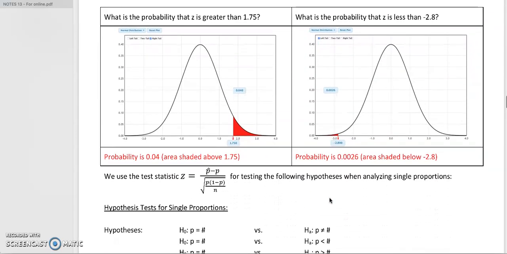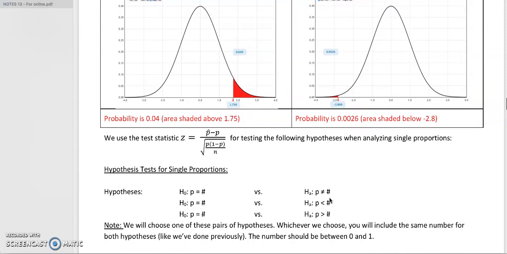And so we might want to look at what are possible hypotheses that we might do when we're doing a hypothesis test related to a population proportion. And just like we saw with population means, there's sort of three different pairs that we might set up. In each case, our null hypothesis is going to say that the population proportion equals some number.